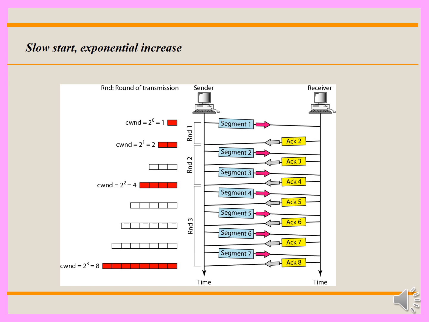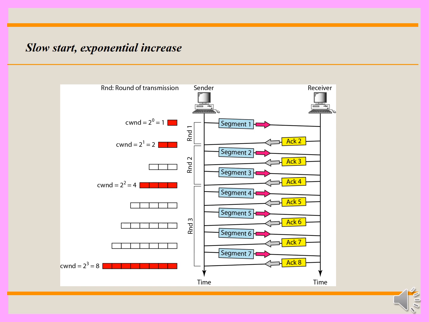The sender starts with 1 and then progresses, and in the figure we have shown the progression up to CWND 8, that is 2 raised to 3, and the size is 8. So up to segment number 7 we have reached. In round 1 it is 1, round 2 it is 2 raised to 1, round 3 it is 4, like that: 2 raised to 1, 2 raised to 2, 2 raised to 3. So like that we can progress.